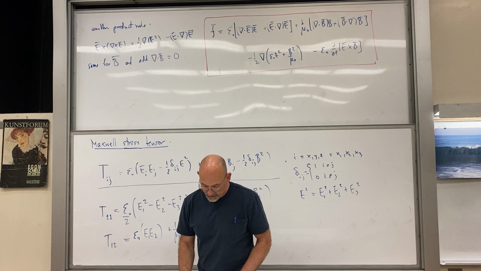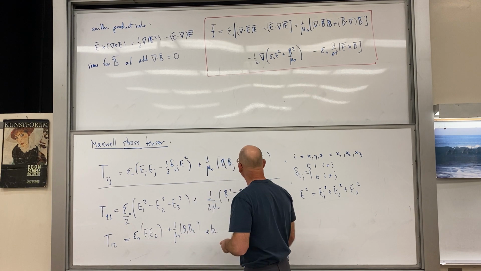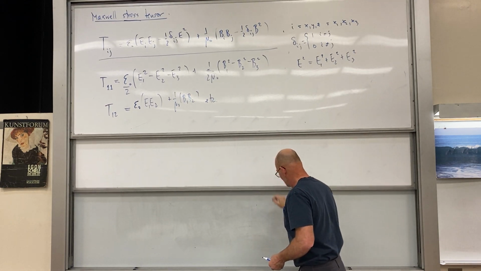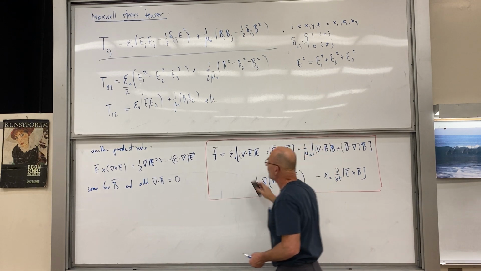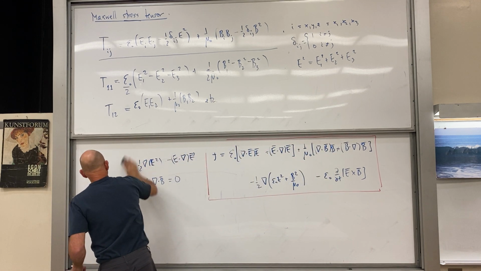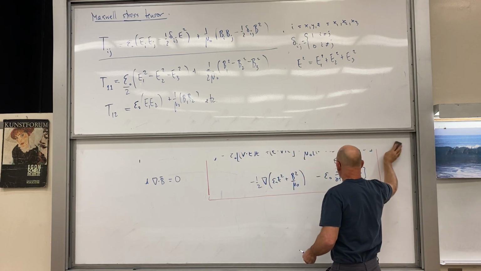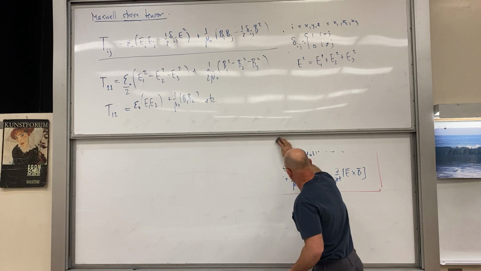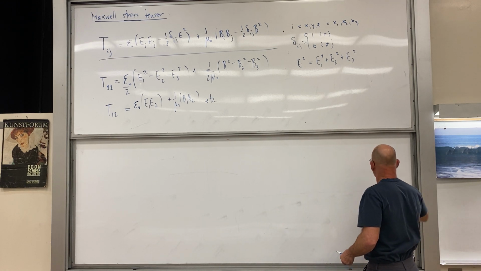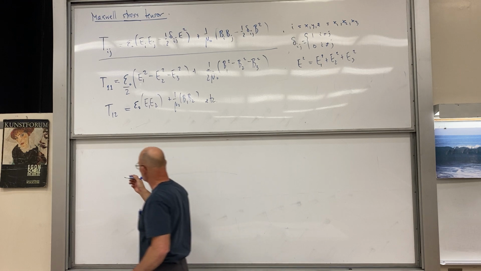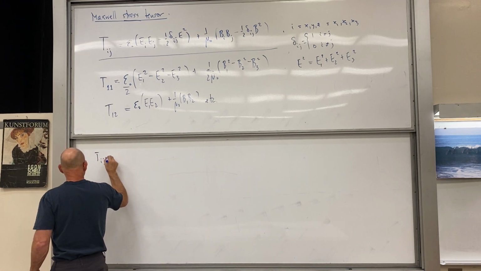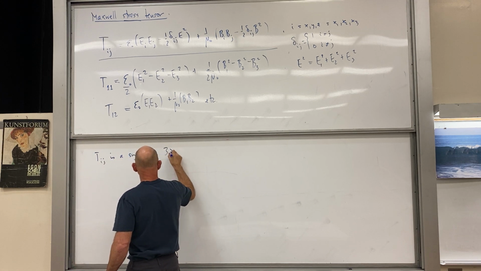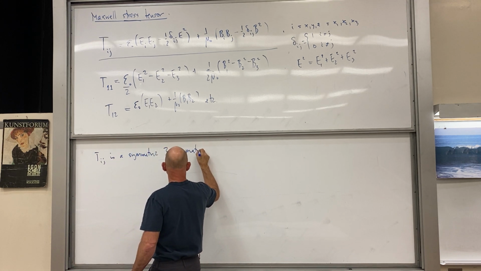Okay, so what's next? Like I just said, T_ij is a symmetric 3 by 3 matrix.